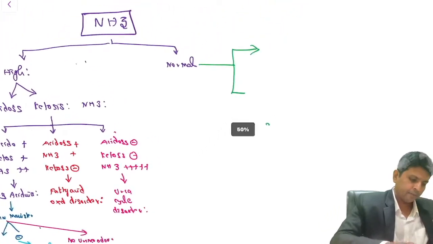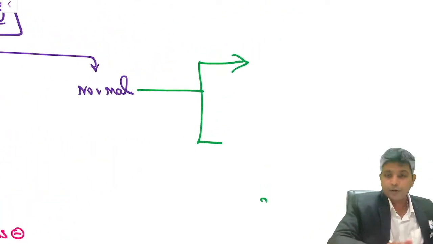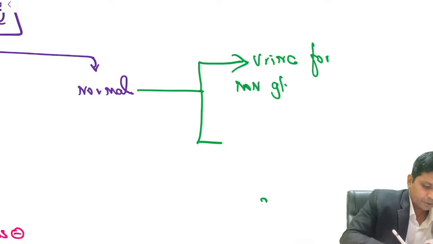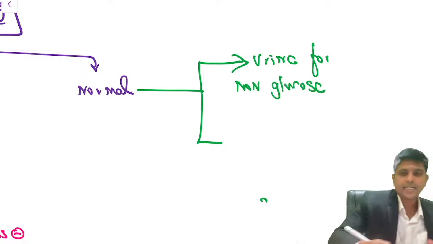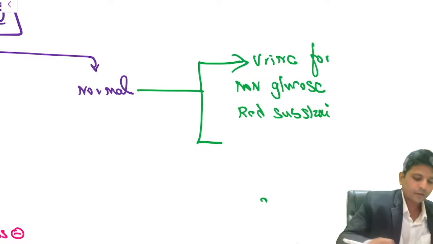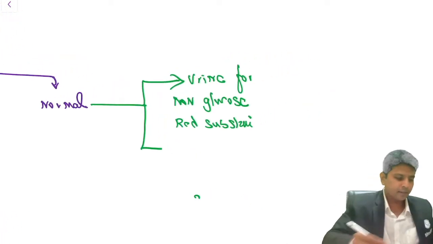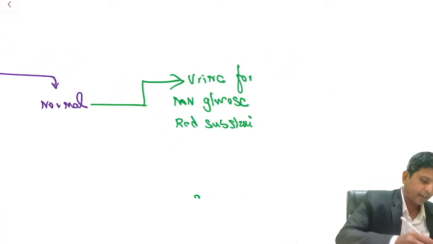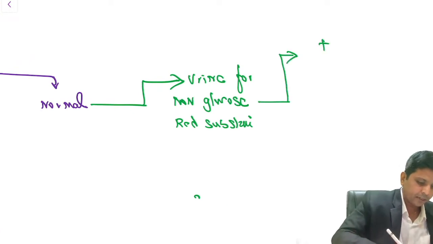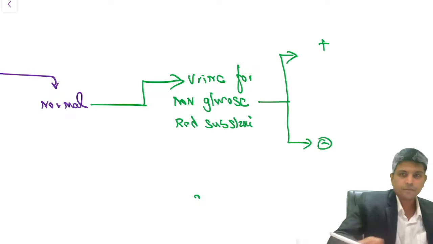Okay, then right. So when ammonia is normal, I will look for urine for glucose, and urine for non-glucose reducing substances. Non-glucose means galactose and fructose. Are non-glucose reducing substances present or absent?